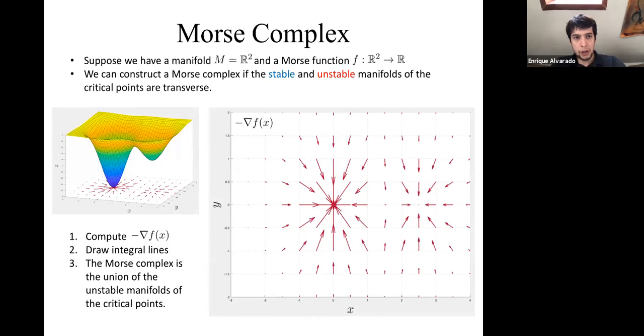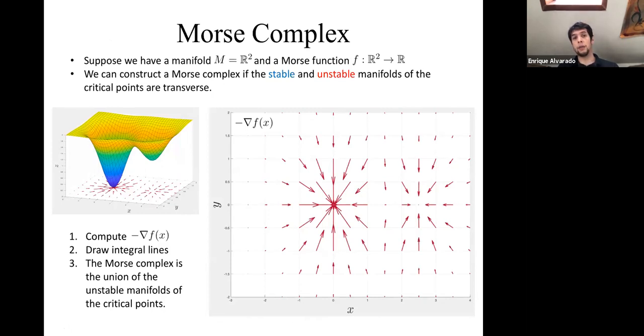Okay, so going back to the energy surface example that we have with the two index 0 critical points and then a single index 1 critical point. So let's see what the Morse complex looks like in this case.